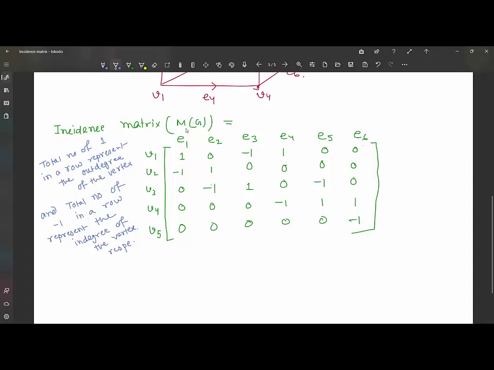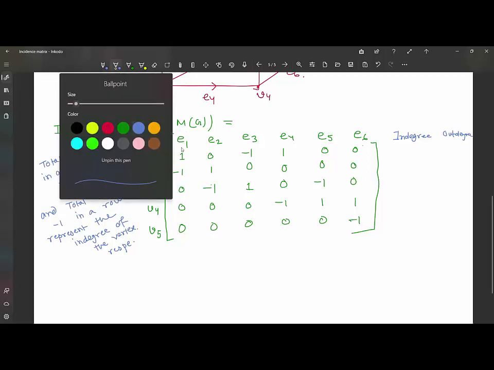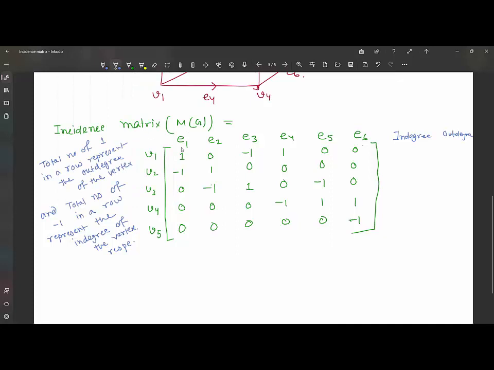If you take the vertex V2, you can see there is one -1 and one 1, so the in degree is 1 and the out degree is 1. Here is the in degree and out degree chart. The in degree of V1 is 1, because there is one -1, and the out degree is 2. Here the in degree is 1 and the out degree is 1, here the in degree is 1 and the out degree is 1, here the in degree is 1 and the out degree is 2, and here the in degree is 1 and there is no out degree, so the out degree is 0.